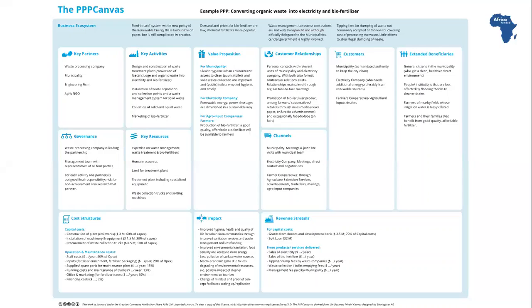I think in this case, I just showed the PPP canvas. In this case, the utility is the customer, right? And the beneficiaries initially were focused on the poor, but then also the middle class benefit from the solution, but they're not directly paying, right? The utility is the paying customer, so the value you offer is directly to this customer.